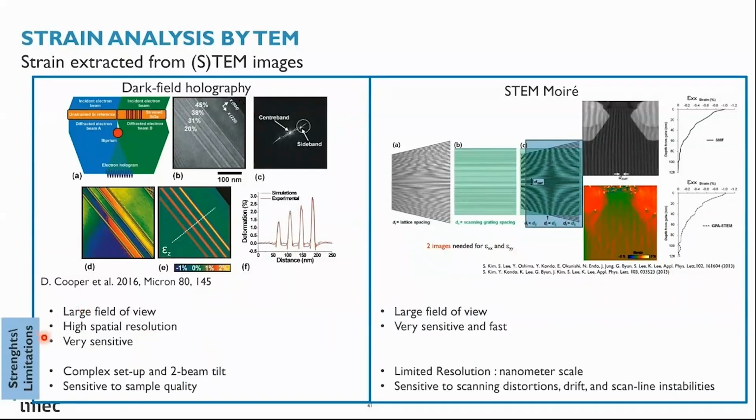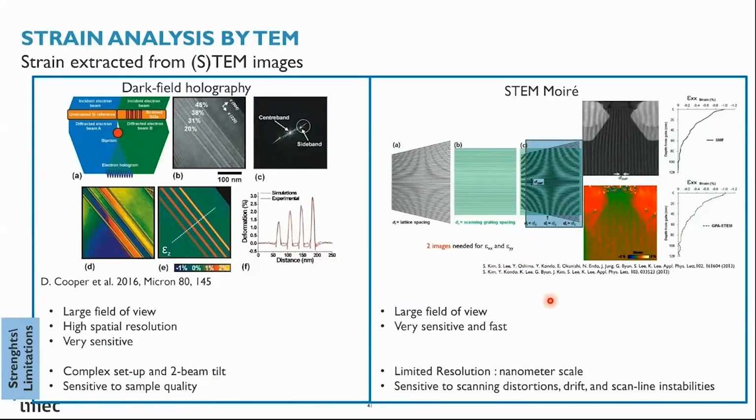Dark field holography, as I said, presents a large field of view, high spatial resolution, and is a very sensitive technique. In terms of limitations, we need to notice that the setup is quite complex, and also the results are sensitive to sample quality.